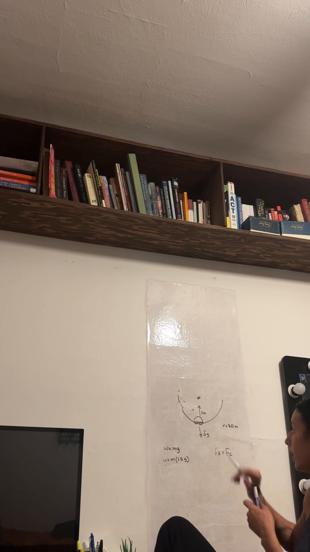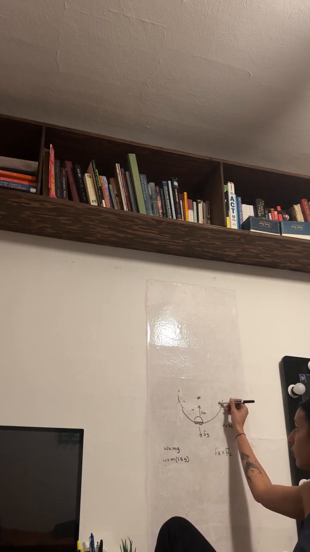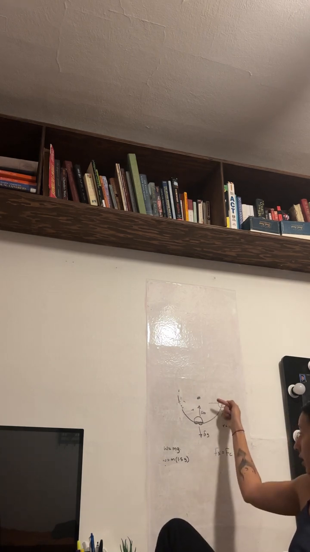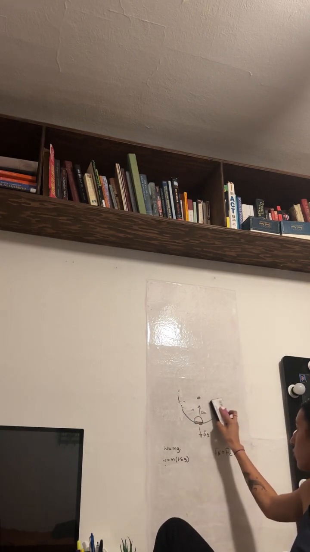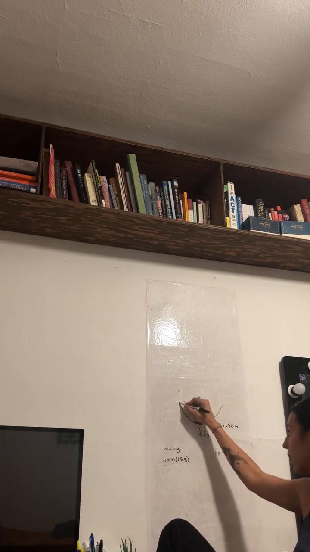If your car were here, again, your normal force is going to be perpendicular to the surface, and it's always going to be pointed towards the middle, so we know that the normal force is actually providing that centripetal force, right?